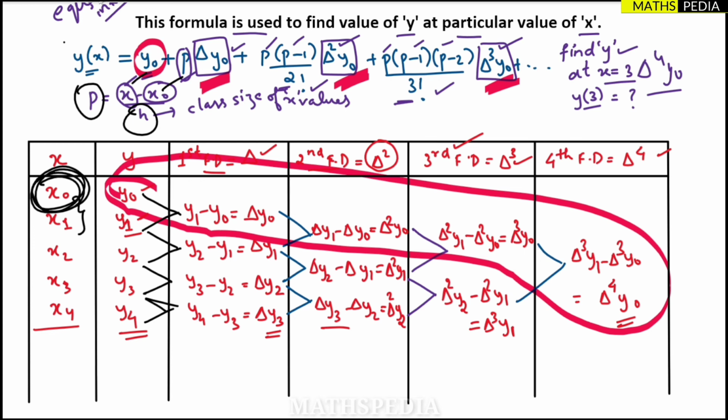That means these are equal intervals. So in order to find h, it is x1 minus x0, which is equal to x2 minus x1, which is equal to x3 minus x2, and so on. This will be common. So h you have to see in the x column, the class step or class size, the common difference between the x values.